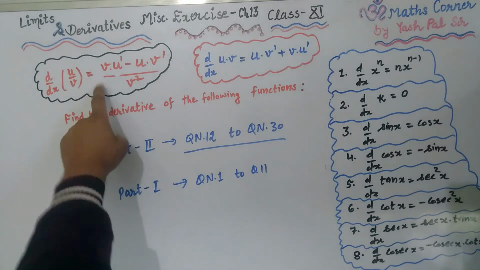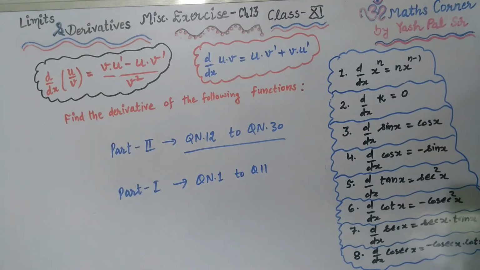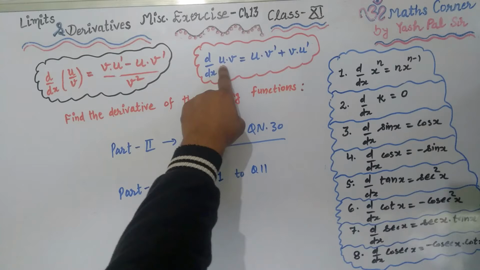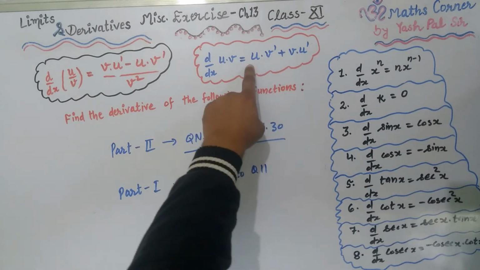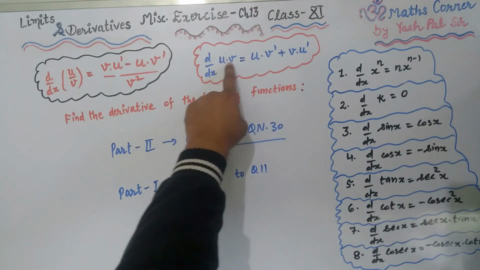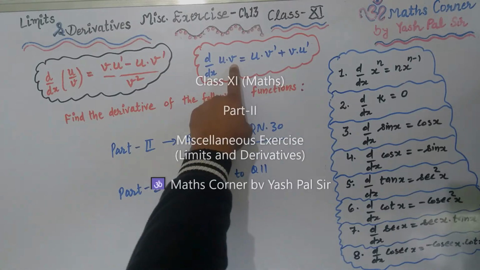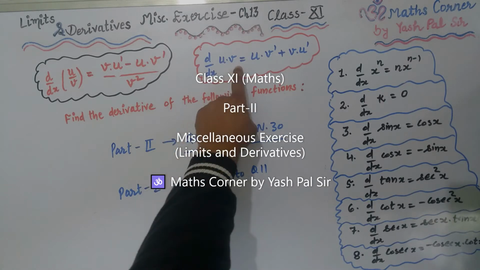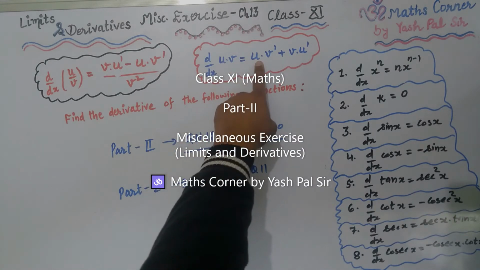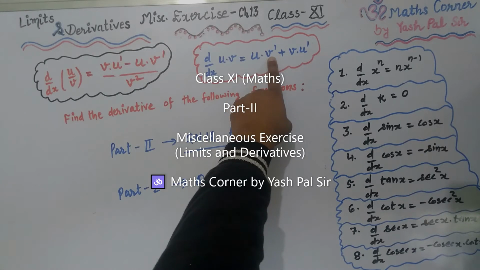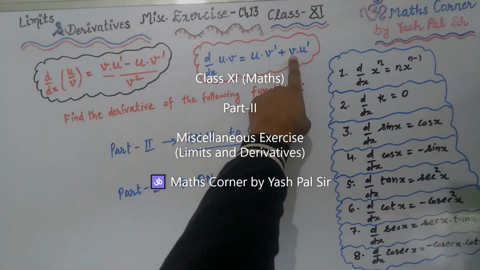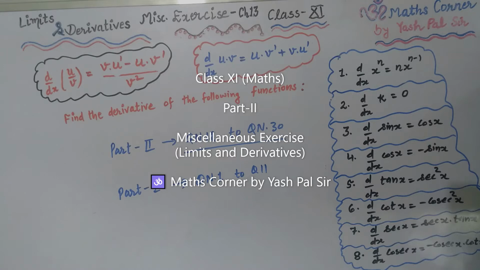This is called the quotient rule of derivative. Now in case of the product of two functions, u is a function, v is also a function. So how to find the derivative? First function as it is, derivative of second function, plus second function as it is, derivative of first function.